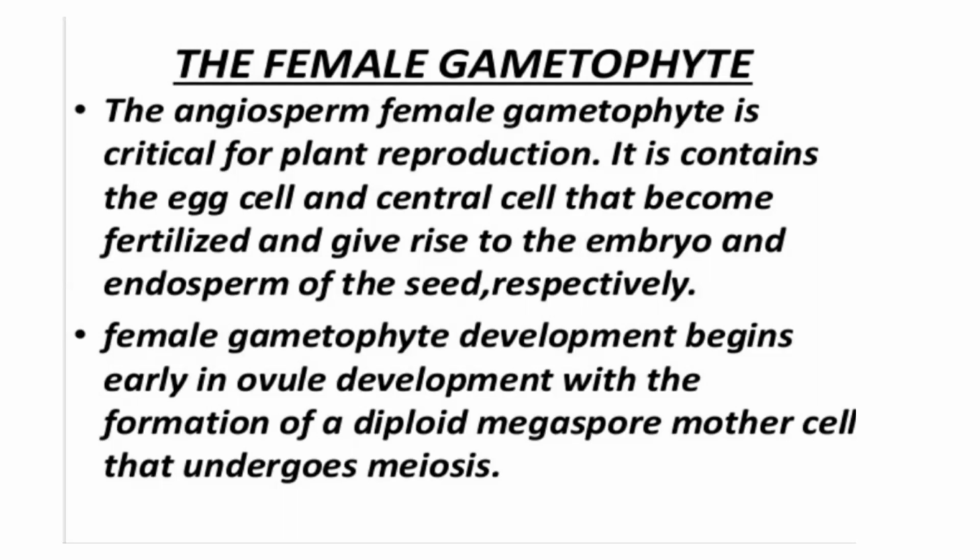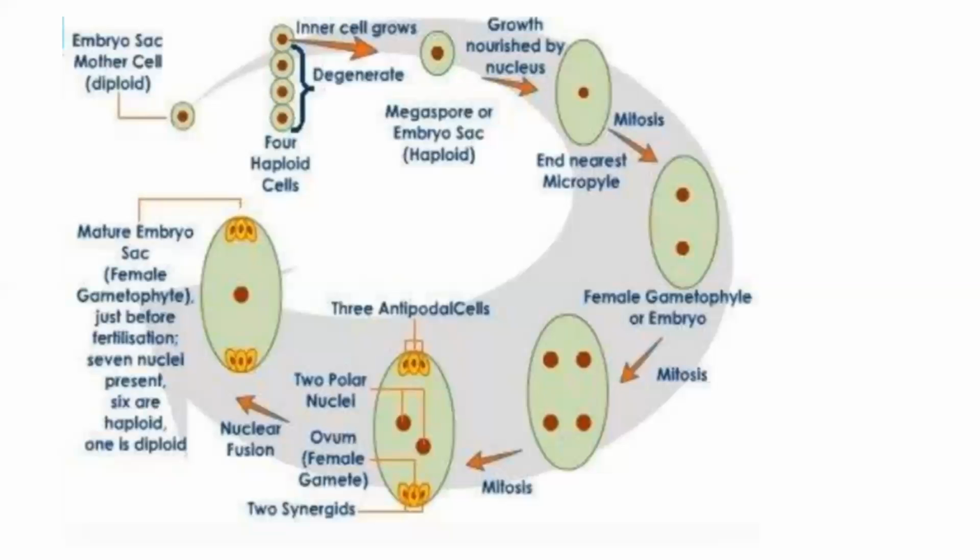Female gametophyte development begins early in ovule development with the formation of a diploid megaspore mother cell that undergoes meiosis. This is very important.